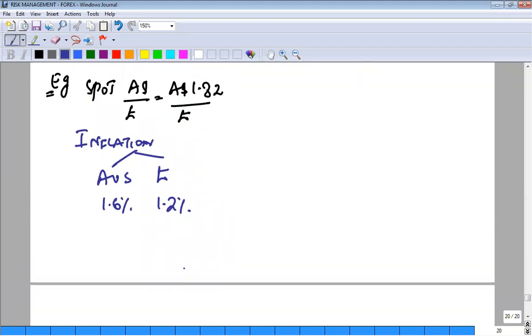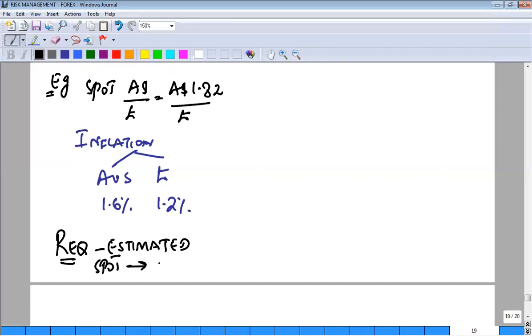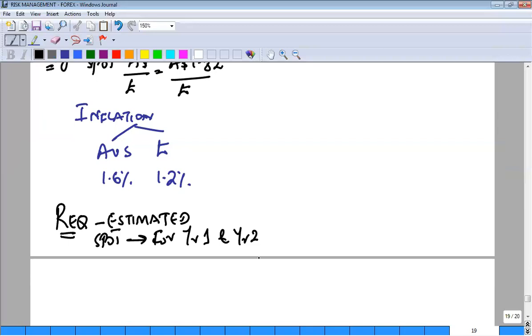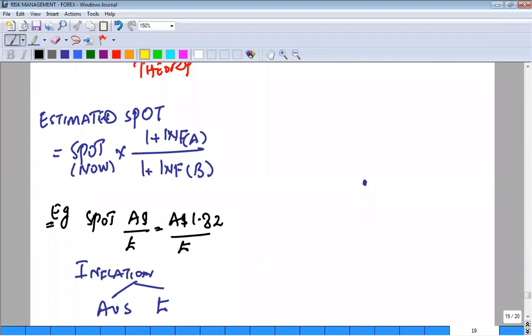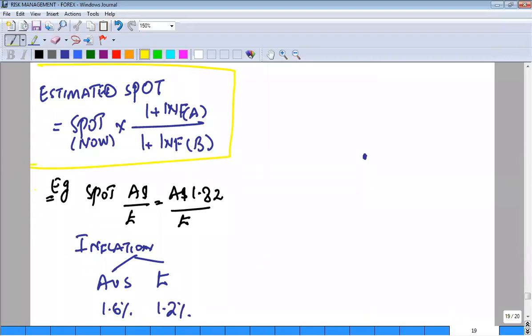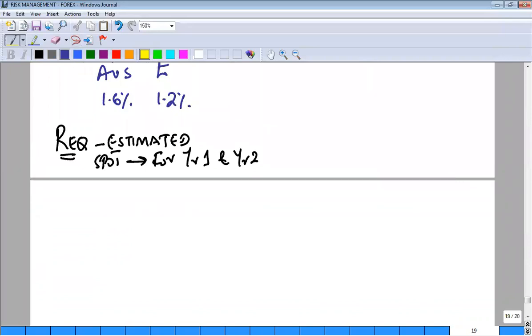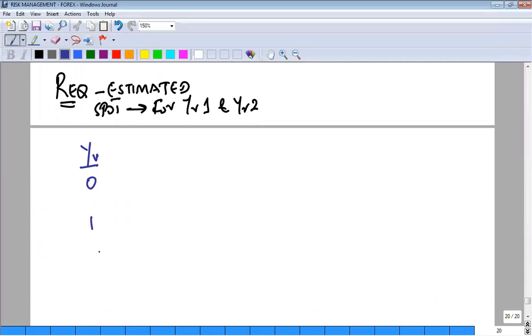And the requirement is the estimated spot for year 1 and year 2. So it's very simple. Based on this formula, estimated spot for year 0, 1, 2.